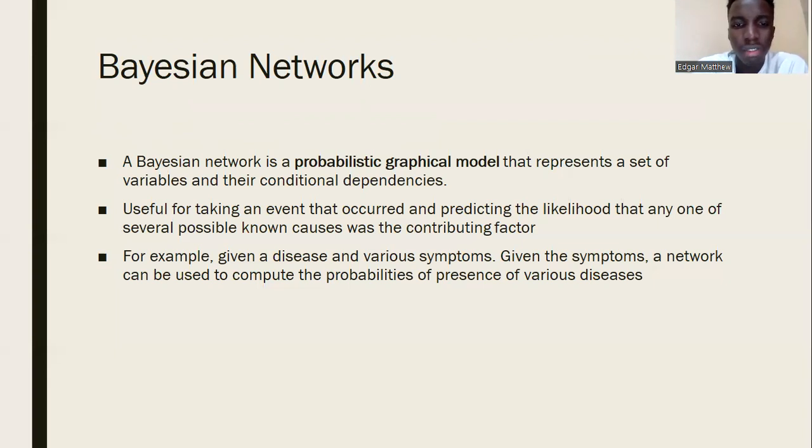We have an example here of various symptoms and a disease, whereby if you know the symptoms of a particular disease, you can effectively calculate the probability that someone is suffering from this disease given the fact that they have these symptoms.